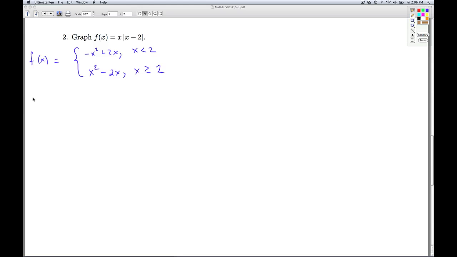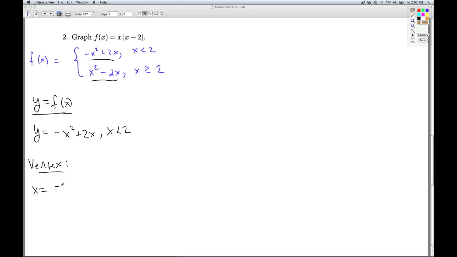Alright, so we're going to graph the equation y equals f of x. So if x is less than 2, I'm going to be graphing this equation. If x is bigger than or equal to 2, I'm going to be graphing that equation. Well, this is going to give me a parabola, so let's look where the vertex is. I can get the x-coordinate of the vertex using the vertex formula, minus b over 2a.